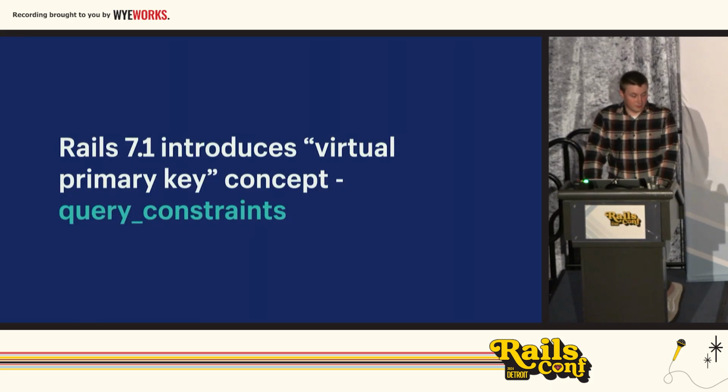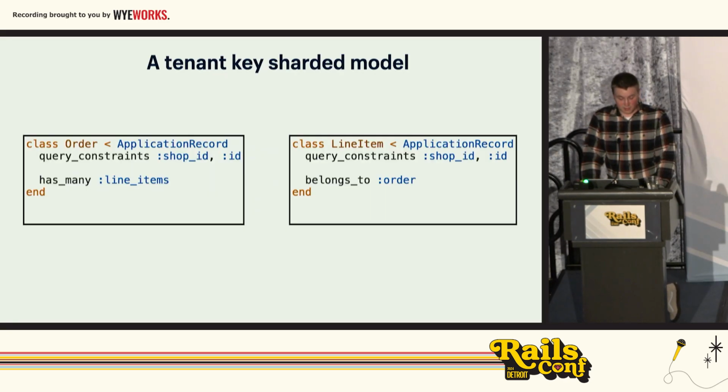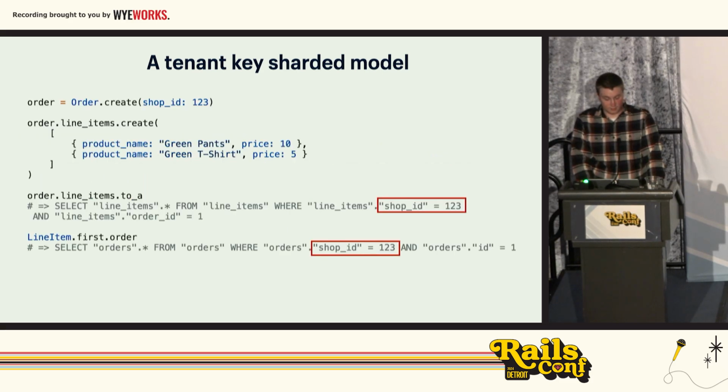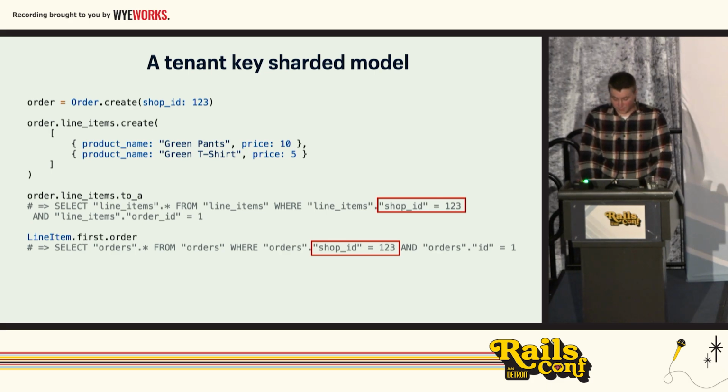Rails 7.1 introduces a concept of a virtual primary key called query constraints. We can use it as a macro, specifying all columns we would like to use when it comes to querying, updating, and deleting records of a certain model. And as we saw previously, it will make the model behave exactly as if it was using a composite primary key, without actually modifying the schema.